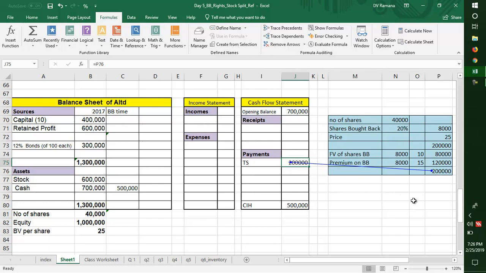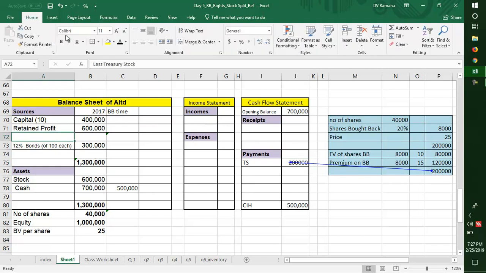Now, normally, in most of the countries, whenever the company makes a stock repurchase, immediately it is shown as a treasury stock. So the treasury stock is, I'll remove the word less, I'll explain that a bit later.